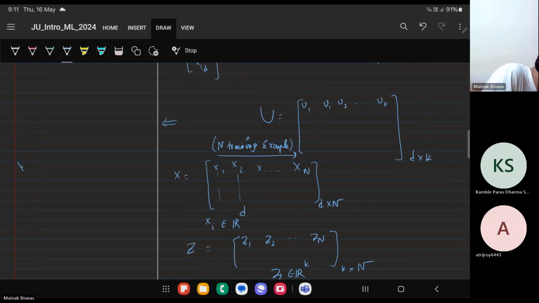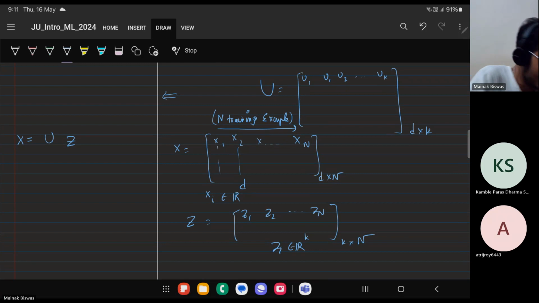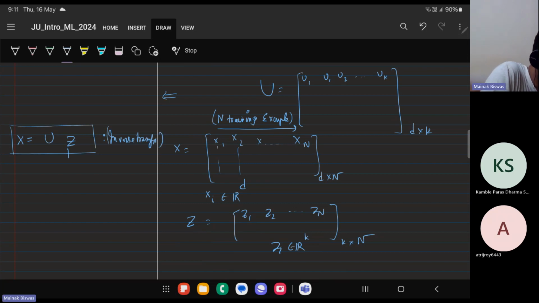I get X is equal to UZ. Let me write it in the elongated form, you will understand. This is called the transformation, or this is the inverse transform. Once I know the projections, I'm projecting it back to X. X tilde. This is the reconstruction. Do you agree?